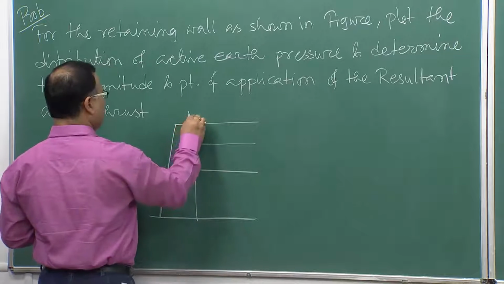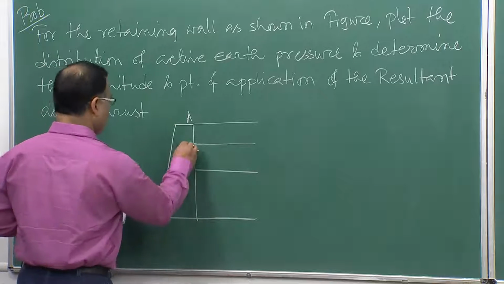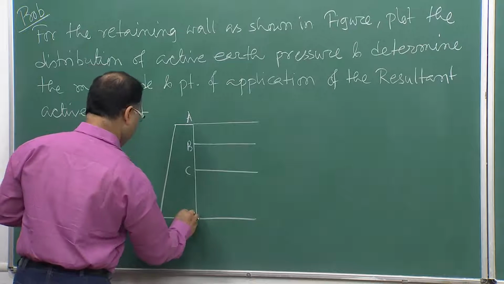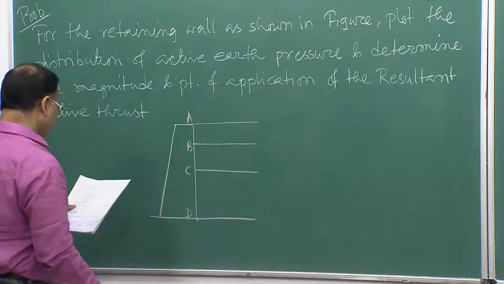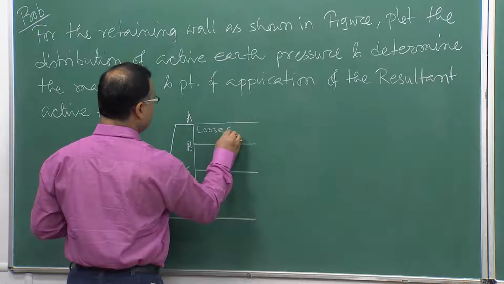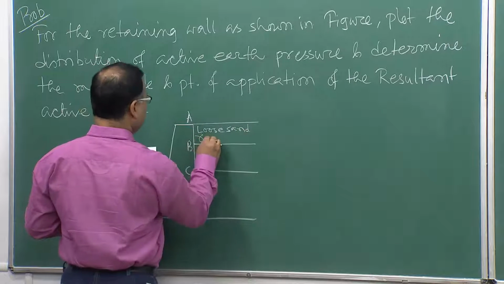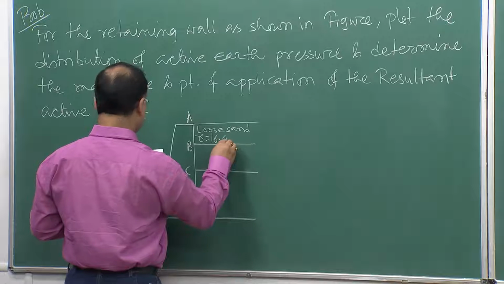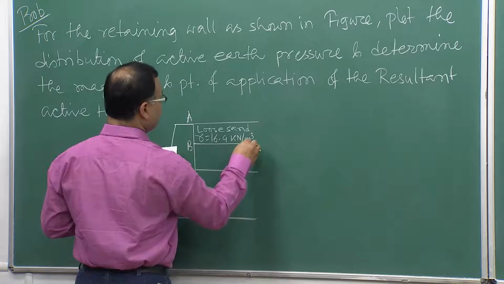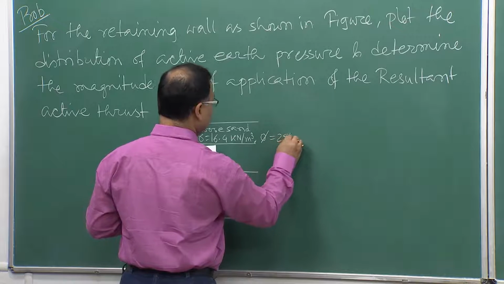This is your point A, this is a retaining wall. Okay. You have 3 layers of soil, this is point B, this is point C, and this is point D. Okay. This is your loose sand, gamma equal to 16.4 kilonewton per meter cube and phi equal to 25 degree.